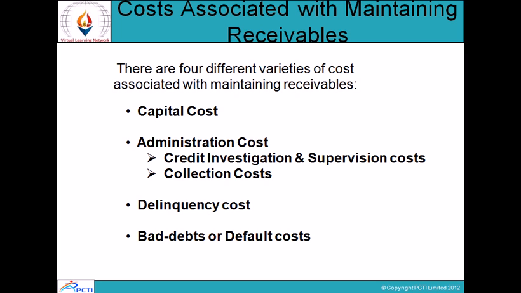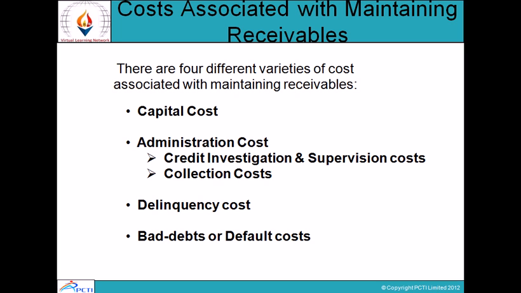Selling goods on credit has the consequence of blocking the firm's resources, and these are receivables. All these credit sales have certain time gaps, because that amount will be recovered later on. And there is a certain value for these receivables. This is nothing but the capital cost, right?